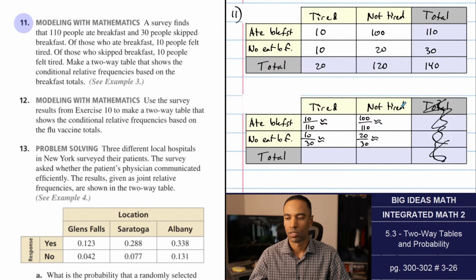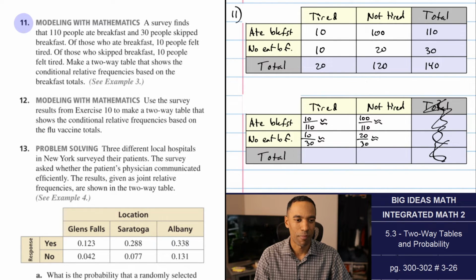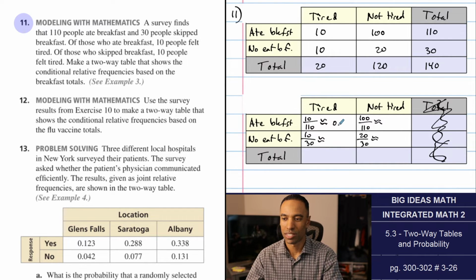Otherwise, I have to do a little bit more. I believe this number is 9.09%, 0.090909. Let's see, 10 divided by 110. Yeah, 0.09, 090909, so 0.091 when rounded. 10 over 30, we know that. That's 3 repeating, so 0.3 repeating, like that.